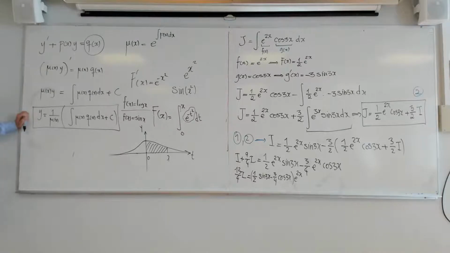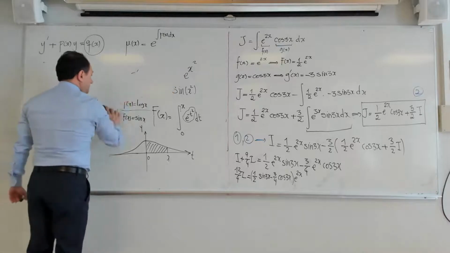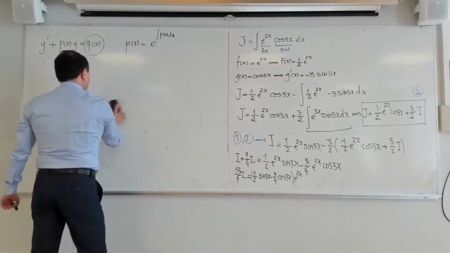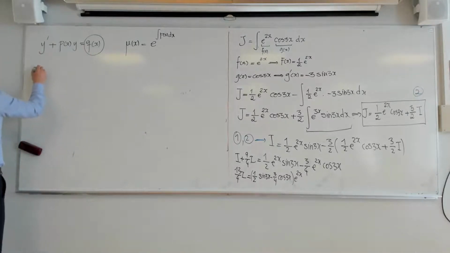And I want to teach you the alternatives, and if we finish, hopefully that will be the end of this lesson. So the alternatives are some special cases for Q of x, I would say.